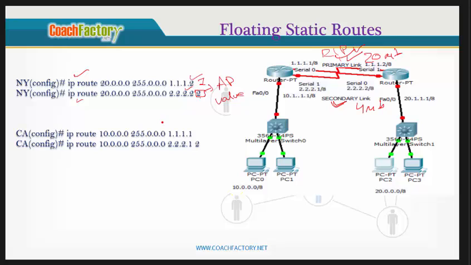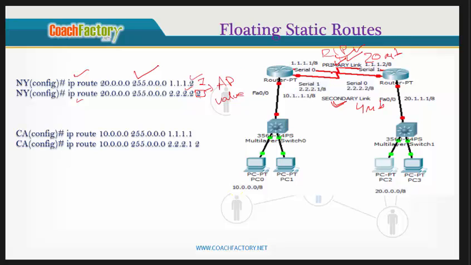So which one is the router going to prefer? If it has more than one path to reach the destination network, it is going to check the administrative distance value of the path. Whichever path has the lowest administrative distance, it is going to prefer that. So in our case, it is going to prefer this one. So the primary connection will be this one.